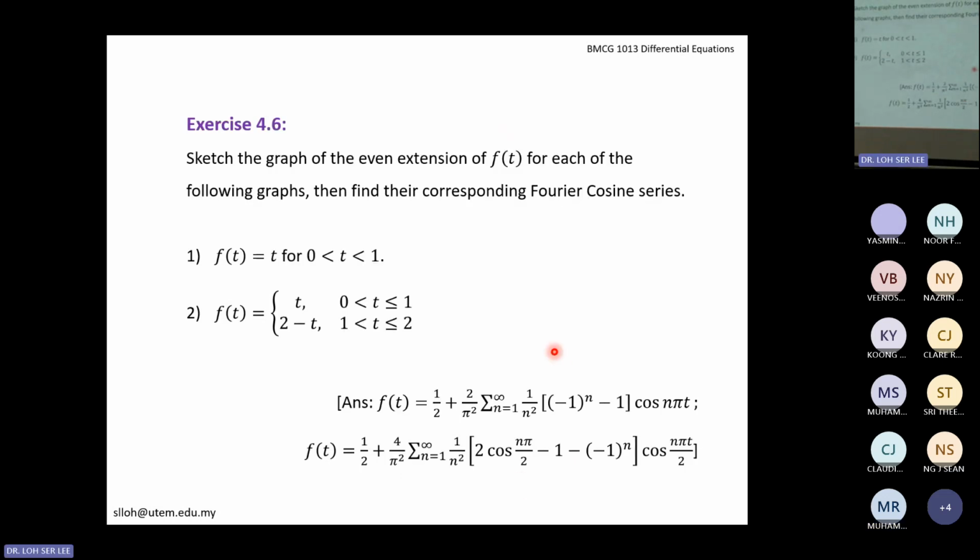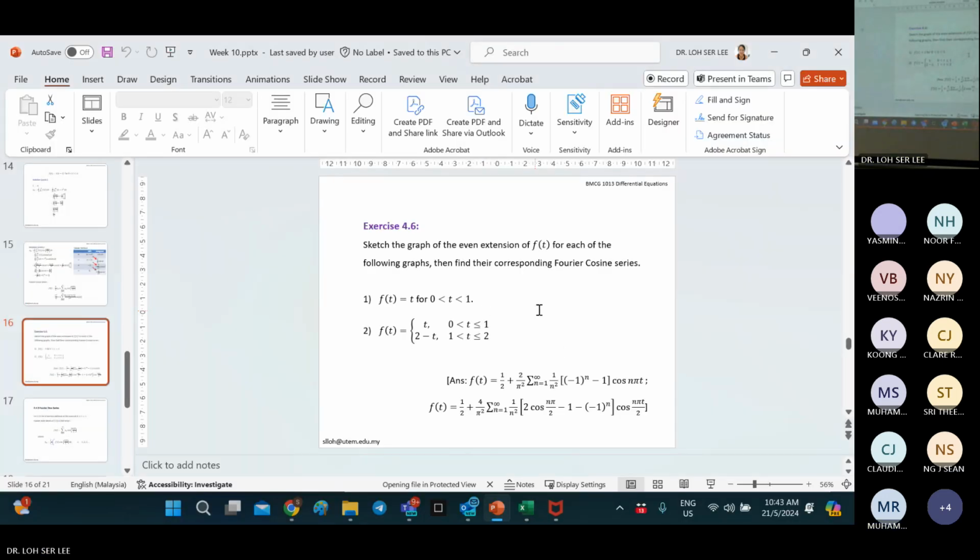Now we try this exercise. Sketch the graph of the even extension.